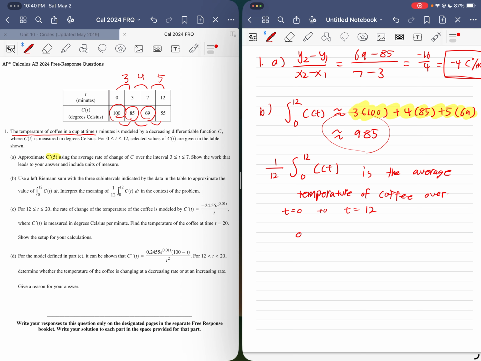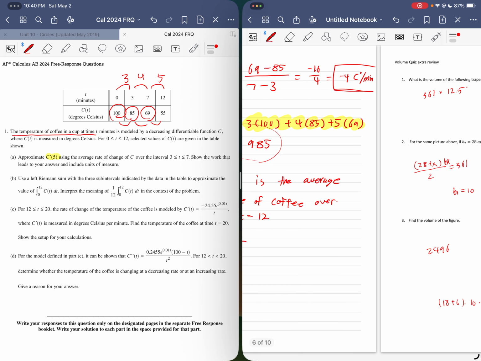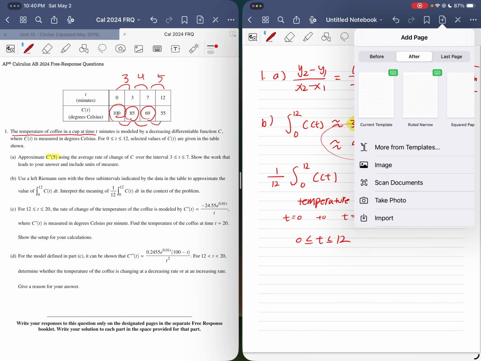Or you can just write it like this, whichever makes you happy. All right, so that's it.